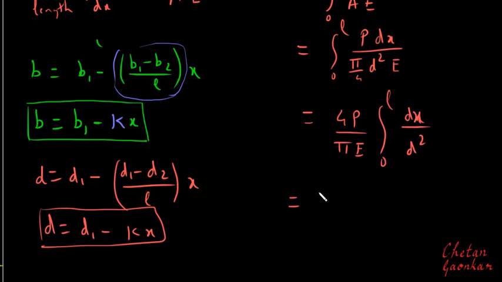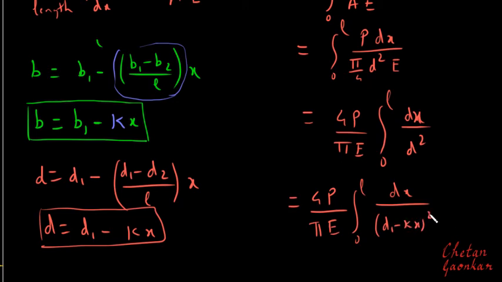If I do this, this will be 4P divided by pi E multiplied by the integration from 0 to L of dx divided by (d1 minus kx) the whole square. Now the only difference between this problem and the previous problem is that here we have a square term.